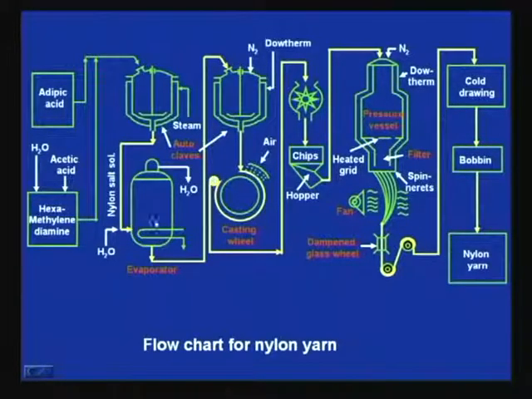Most important thing is this one, the main reactor, where the salt gets melted, and it is maintained at high temperature, gradually above 250-60 degree Celsius, and this is a stirrer, this is the reactor, and this is the jacket.